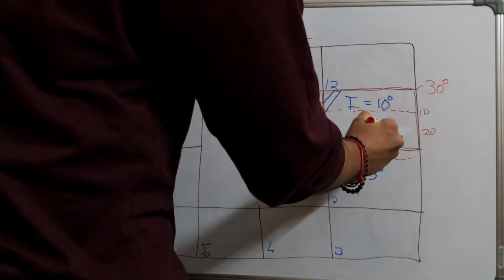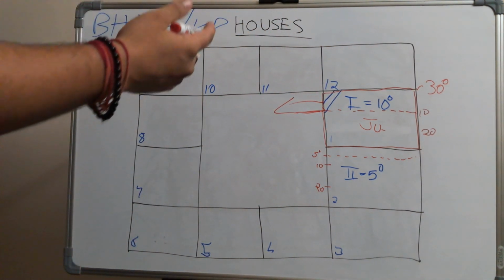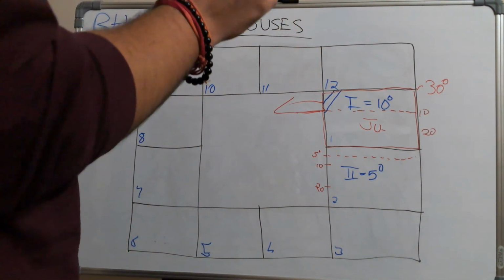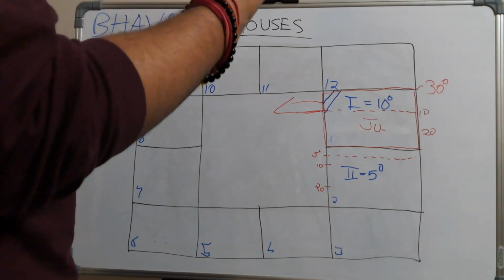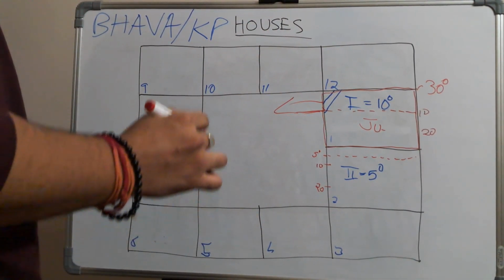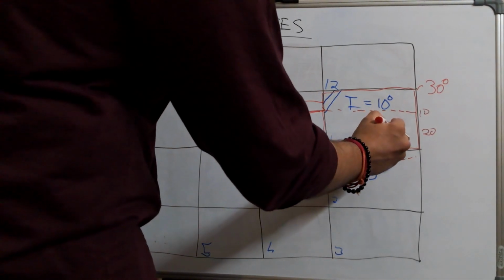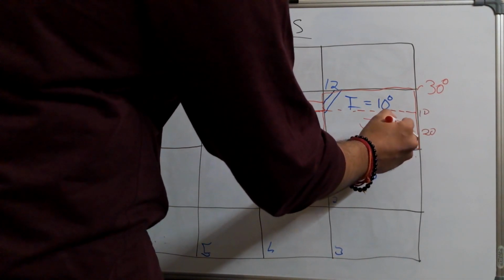Each of the 9 planets and the Lagna have degrees. So let's say Jupiter is at 5 degree.